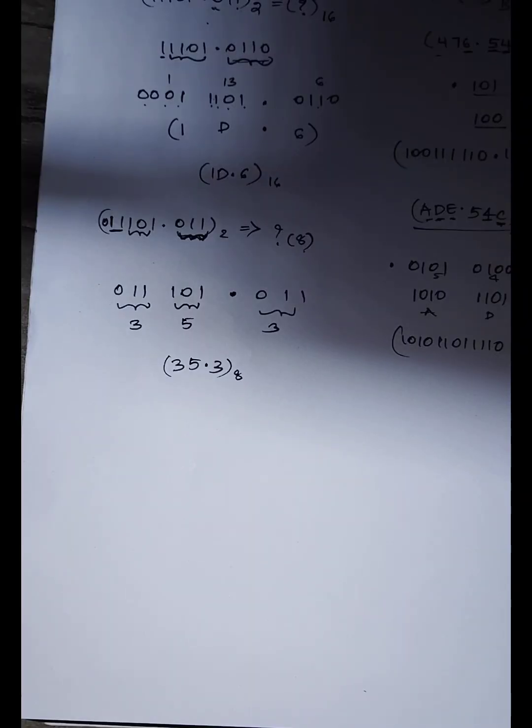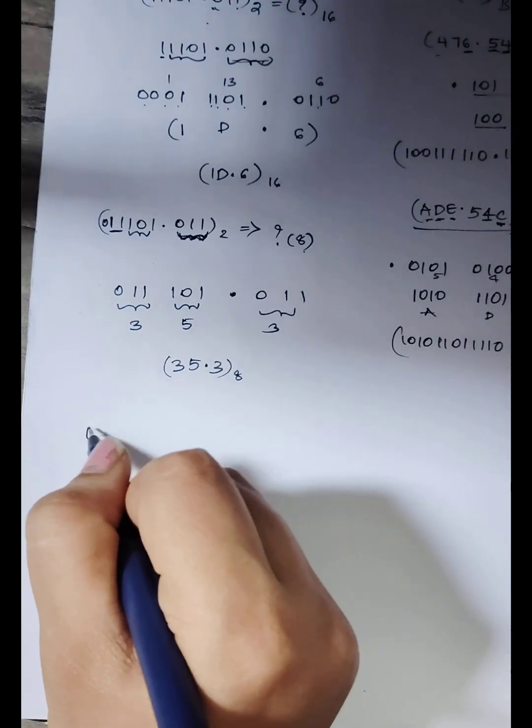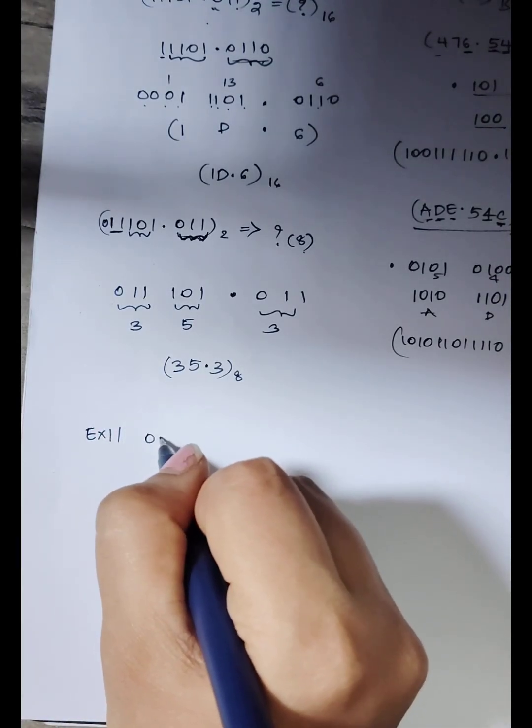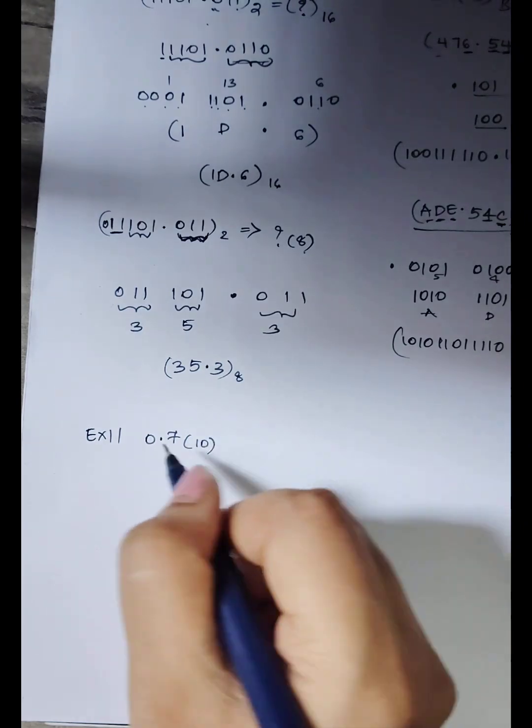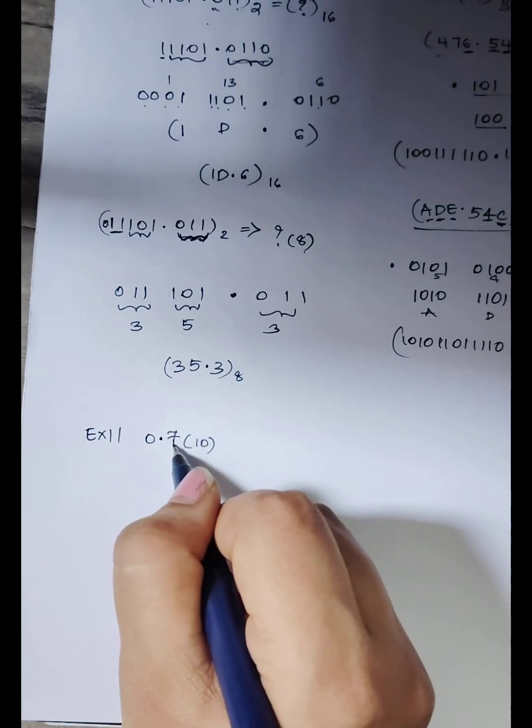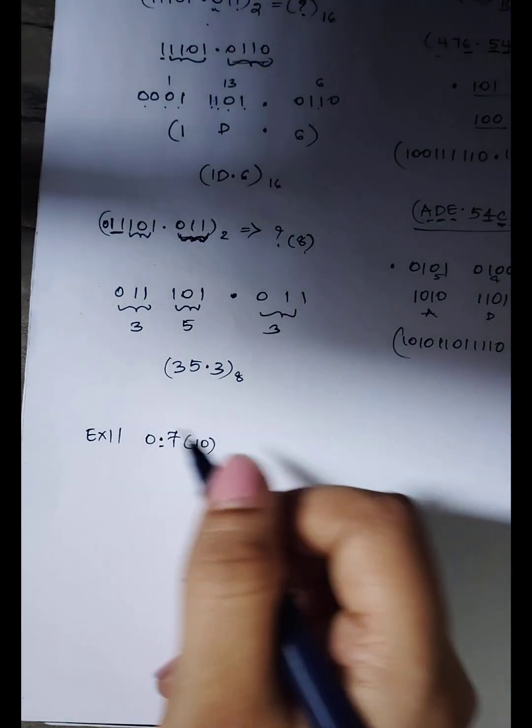As I told you earlier, if you need to convert any decimal number to any other form of number, called binary, octal or hexa, you need to do either successive division or successive multiplication. We already did successive division, but the case where you need to use successive multiplication is, for example, if your decimal number is represented after the decimal point, like 0.7 and so on.